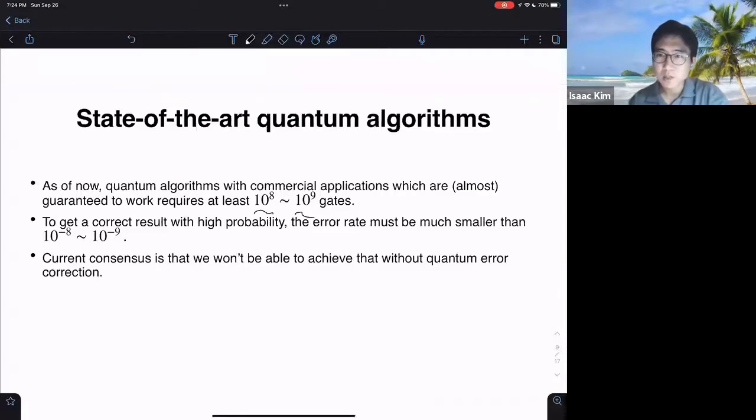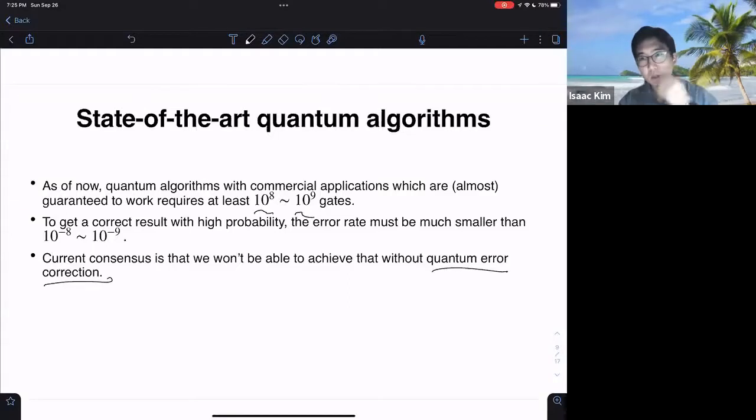That's substantially larger than 10 to the 2 or 10 to the 3. If you run this many gates with an error rate of 10 to the minus 3, with basically probability 1 you'll get an incorrect result. To get a correct result with high probability, the error rate will probably have to be much smaller, like 10 to the minus 8 or 10 to the minus 9. The current consensus is that we won't be able to achieve that without doing something called quantum error correction.